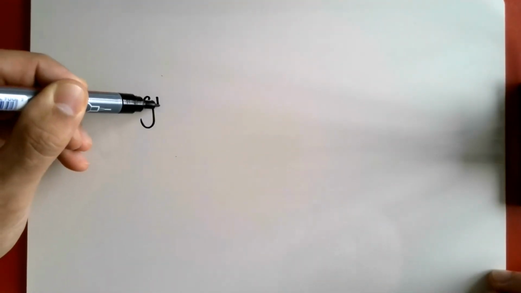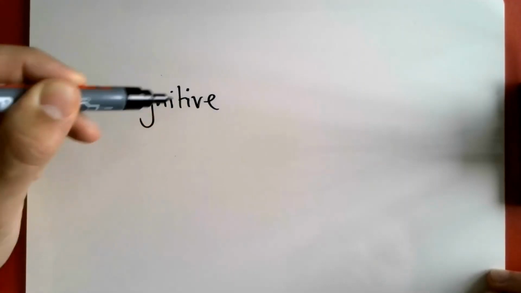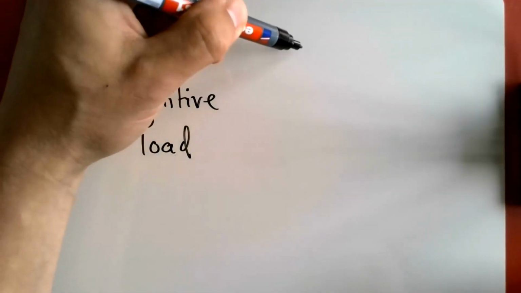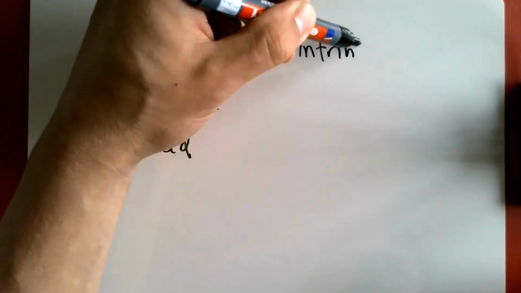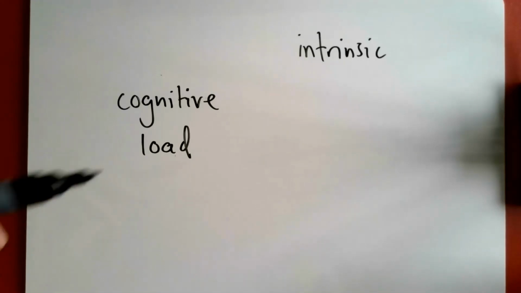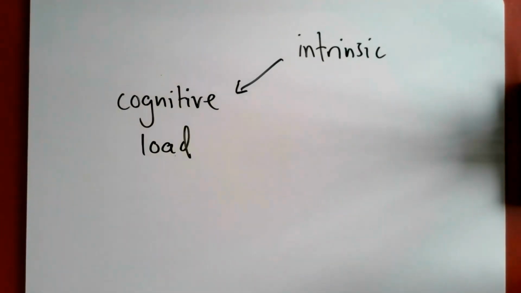So Sweller's cognitive load theory proposes that the load on your working memory, your cognitive load, is acted upon by two different areas, two different channels, if you like. We've got the intrinsic load, which is adding to our cognitive load.